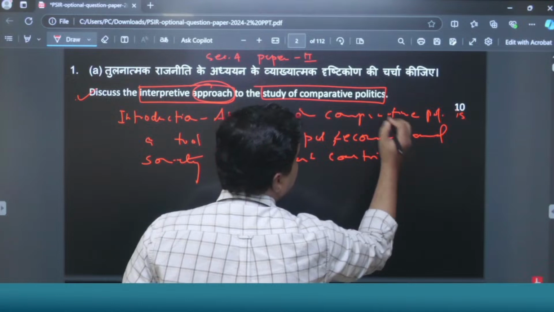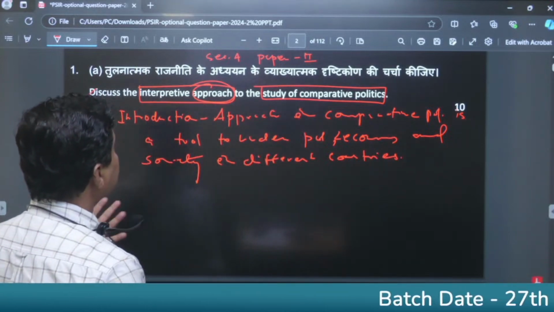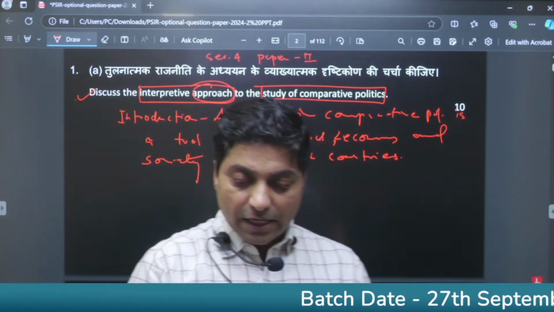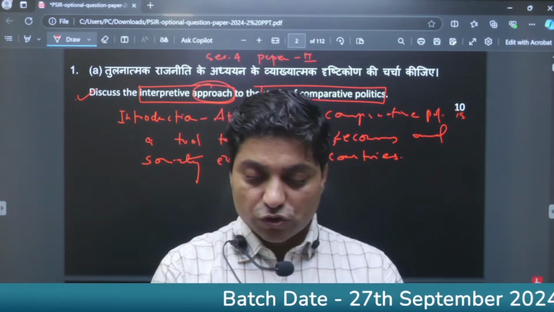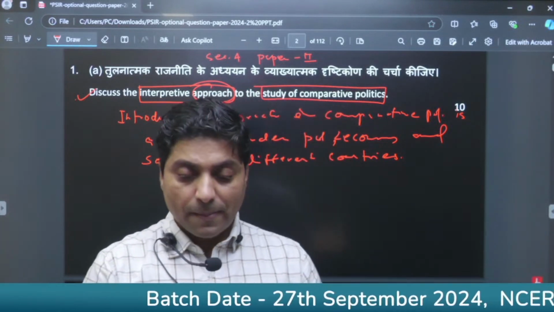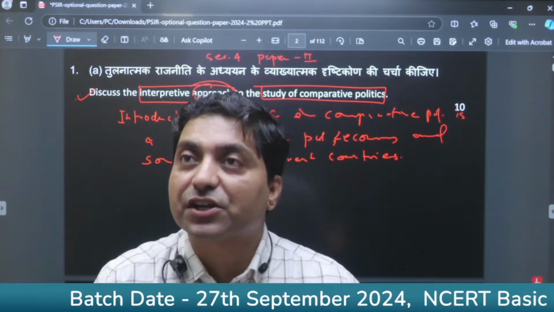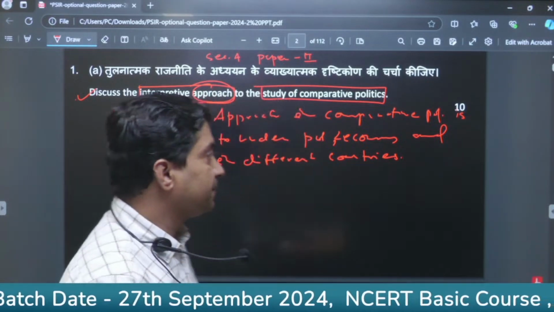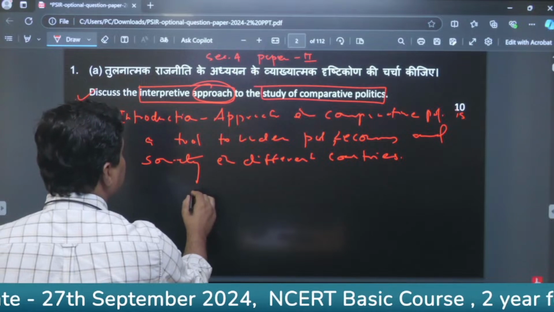Now, one can start with the interpretive approach. The interpretive approach focuses on meaning, meaning that shapes actions, that shapes identity, right? So one starts with the interpretive approach.